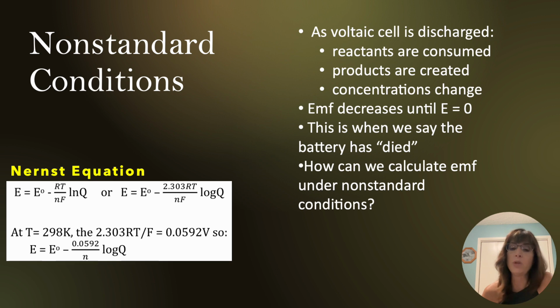And remember, when you write K or Q, we do not include solids and liquids. Usually all Q is composed of are ions, whatever ions are in the solution. So like I said, we'll practice this quite a bit. The log looks scary. It's really not, I promise you. And you'll get quite a bit of practice with Nernst.